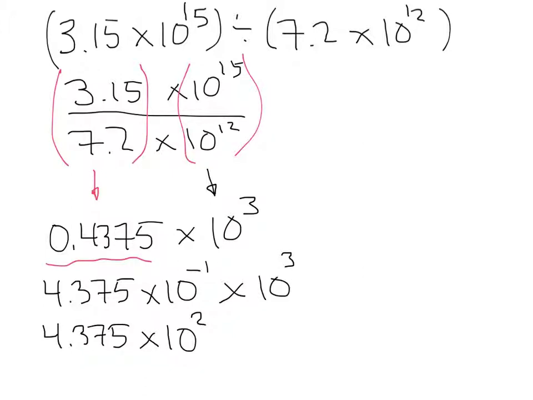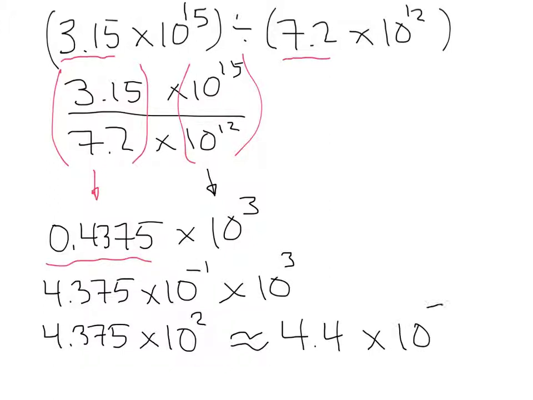And then of course we need to fix our significant digits. So our first original number had 3 significant digits, our second original number had 2 significant digits, so by our guideline we only get to keep 2 significant digits, which means this number should be approximately 4.4, since the next digit after 4.3 is a 7, so we round up.